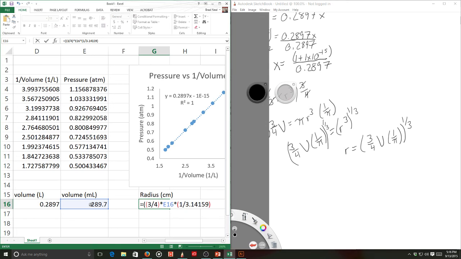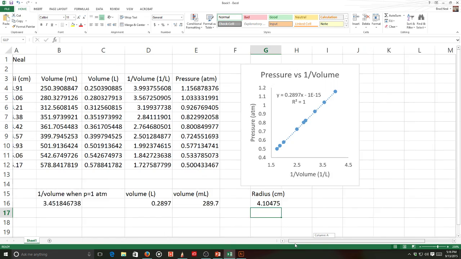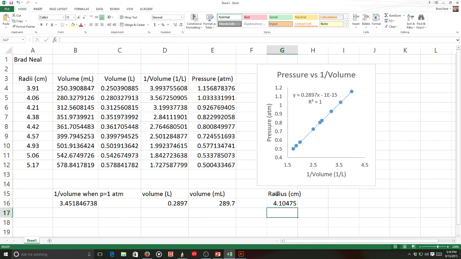Okay, so that's my 1 divided by pi. And then I can close my parenthesis, and see how Excel does this nice job of letting you know, okay, this set of numbers goes in this parenthesis, this one goes in this one, and the black ones there. So Excel tries to help you out. And I'm going to raise this to the 1 divided by 3 power, and I hit enter, and there's my radius. So I have now successfully solved for my radius at this point in time.